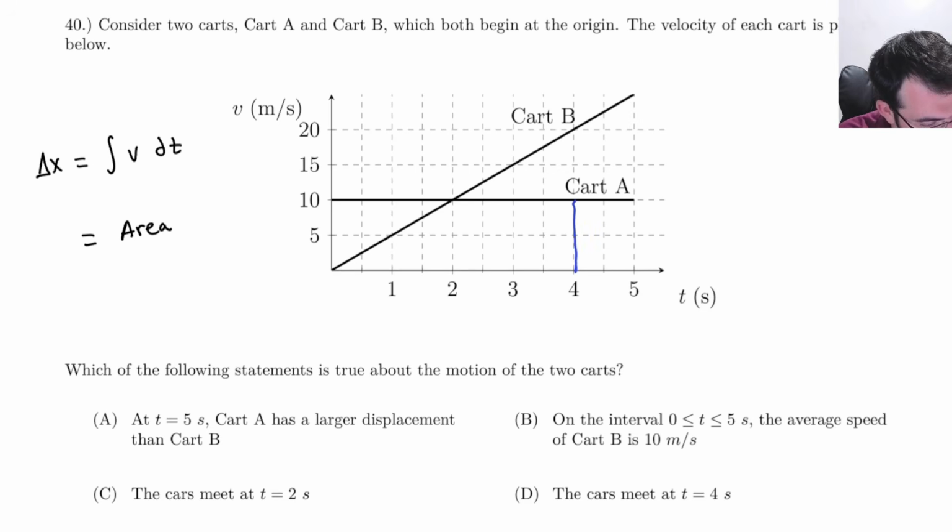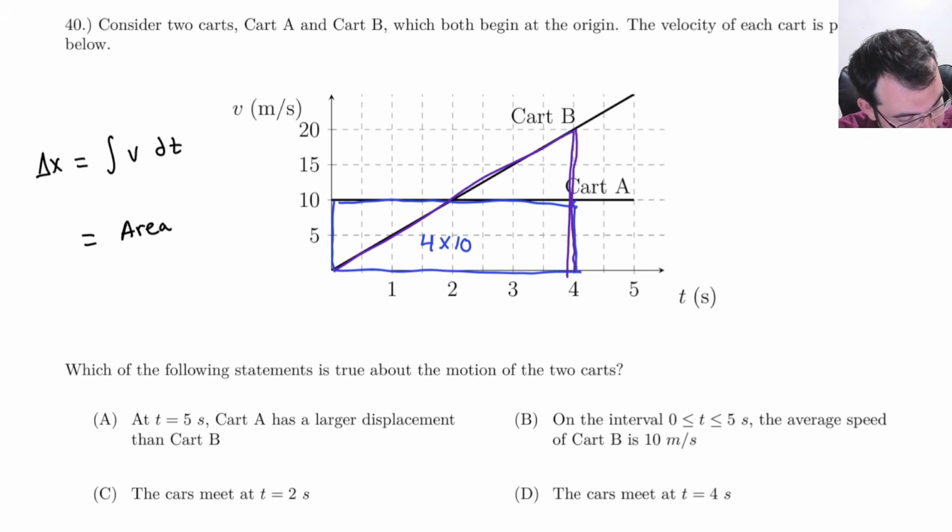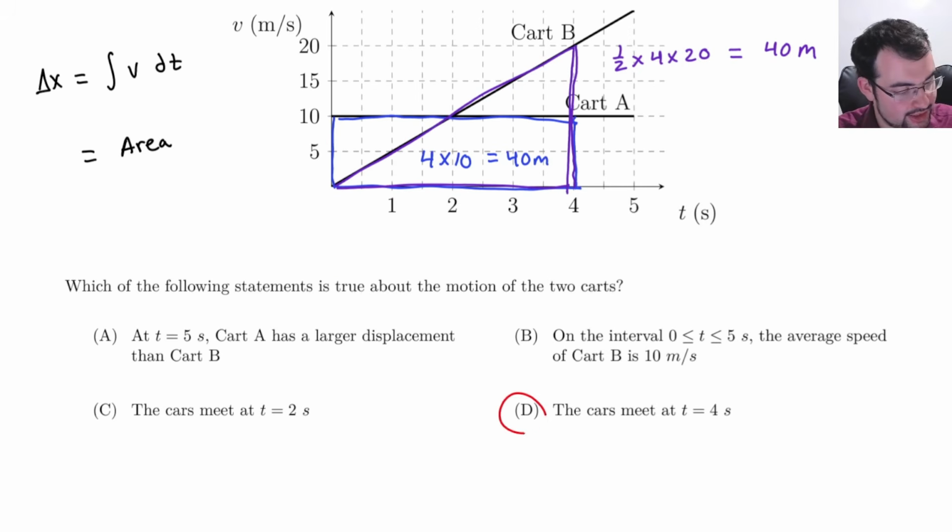At t equals 4, the blue area would be just a 4 by 10, and then the purple area would be 1/2 times 4 by 20. And oh look, both of those are the same thing. So one cart displaces 40 meters, and the other cart also displaces 40 meters. So we see the displacements do match at t equals 4.